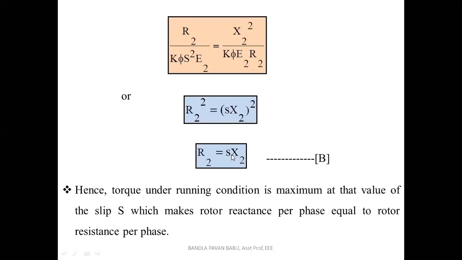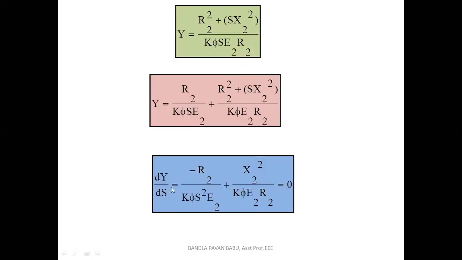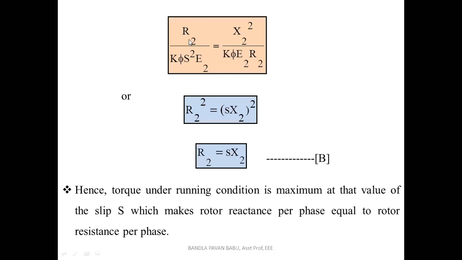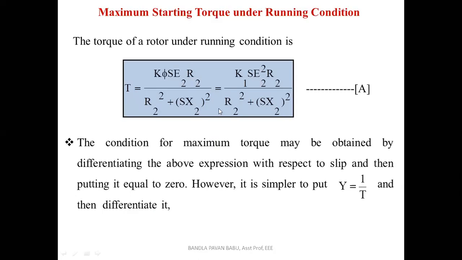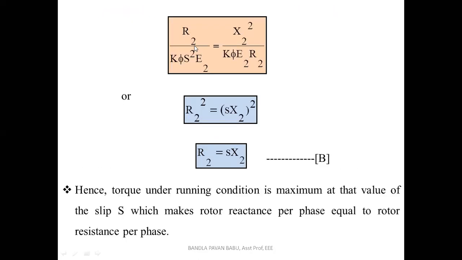Again, this last equation we write as r2 by k phi s square e2, and we send it to the RHS. So r2 by k phi s square e2 is equal to x2 square by k phi e2 r2.